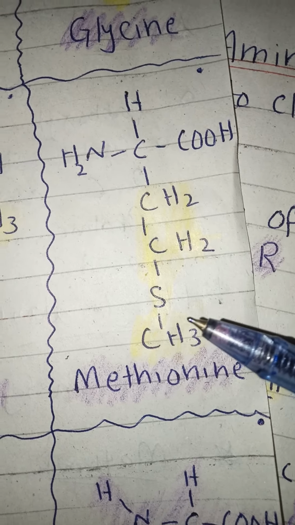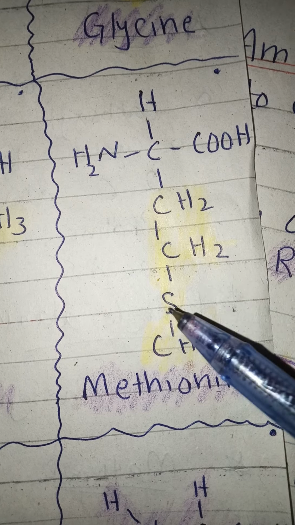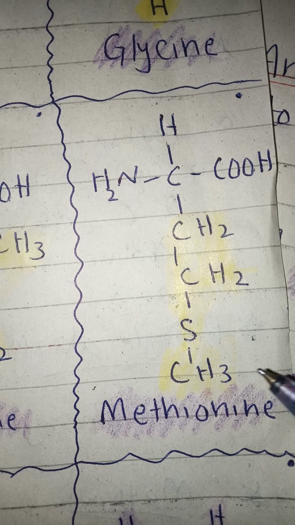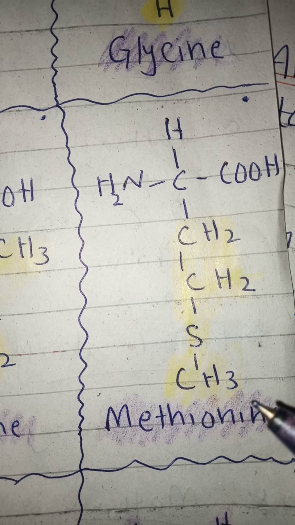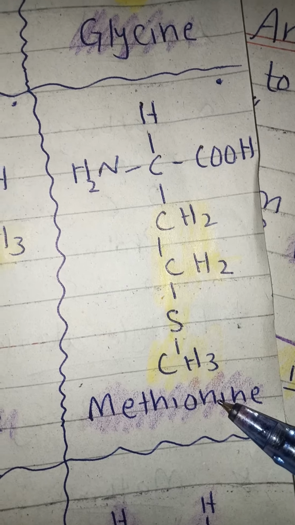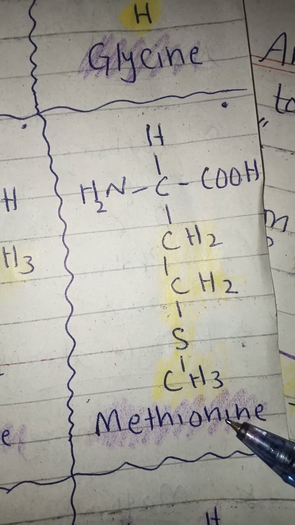Methionine is one of the 2 amino acids that contain a sulfur atom. It plays an important role in protein biosynthesis. This is the initiating amino acid in protein biosynthesis.